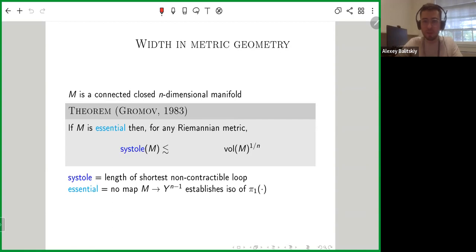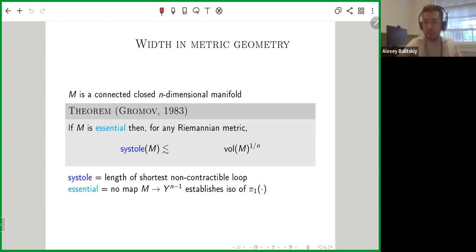If you have a non-simply connected Riemannian manifold of dimension n, you can consider non-contractible loops in this manifold, and you can ask yourself, what is the shortest length of a non-contractible loop? Non-contractible means you cannot deform it continuously to pinch it to a single point, so it's topologically non-trivial.